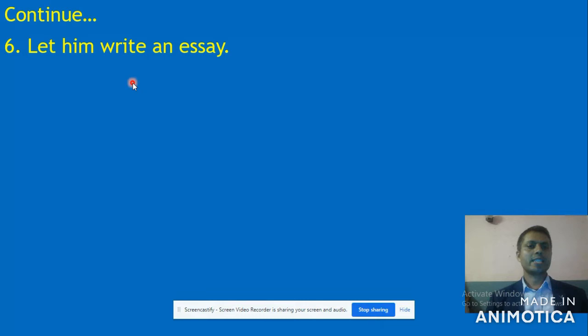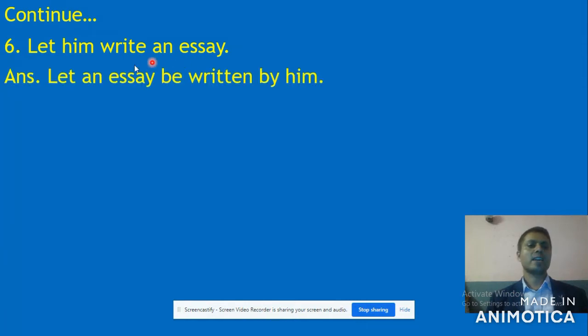First you should find out its object, which becomes the new subject in passive. In let him write an essay, him is the first object, then the second object is an essay. So in this type of sentence, we first use the second object, after that let an essay be, we use the be verb here: be written by.